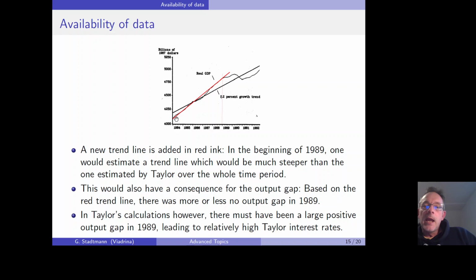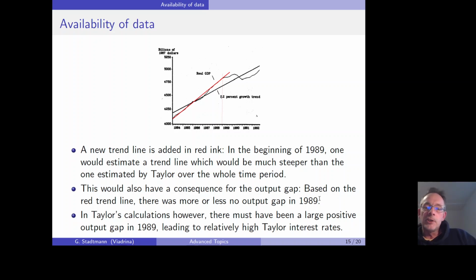In case that we add a trend line based on the information which is available in 1989, the trend line would be much steeper, and more or less there would be no output gap in 1989.